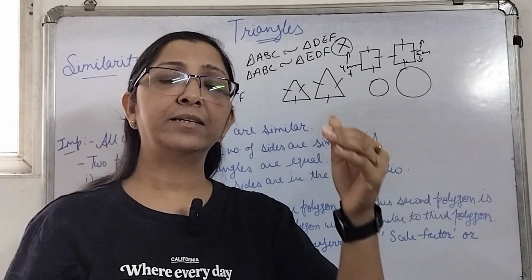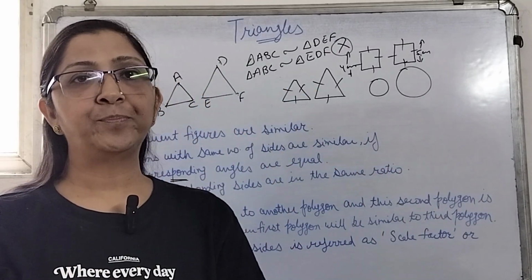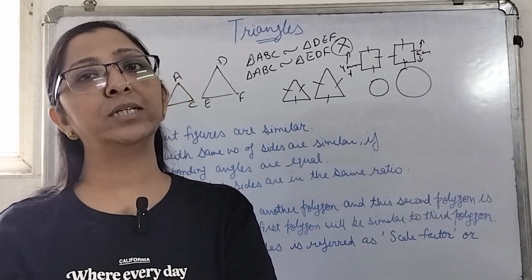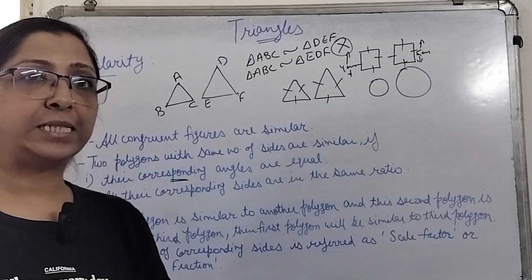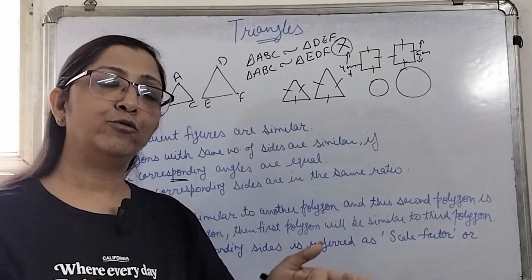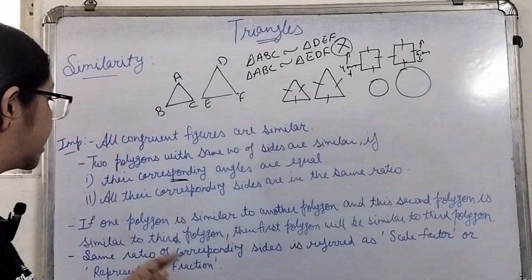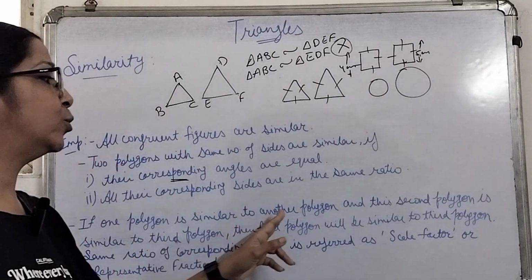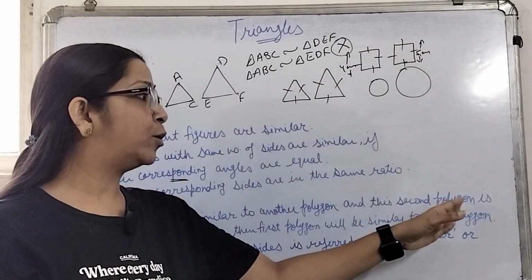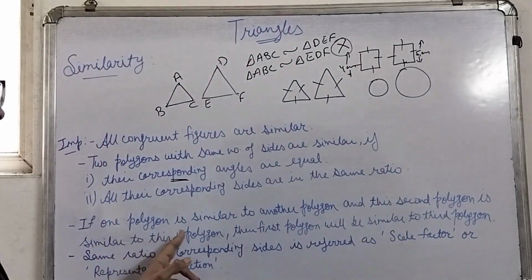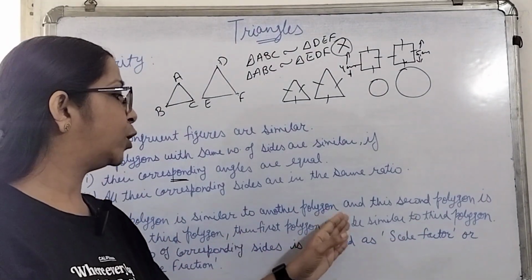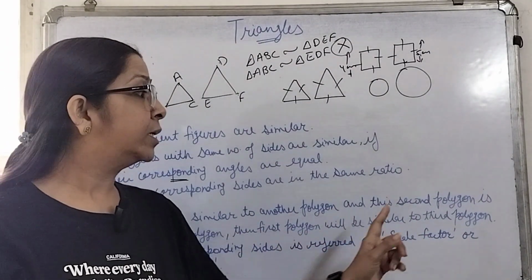If the first hexagon is similar to the second and the second hexagon is similar to the third, then automatically we can say that the first hexagon will be similar to the third hexagon also.